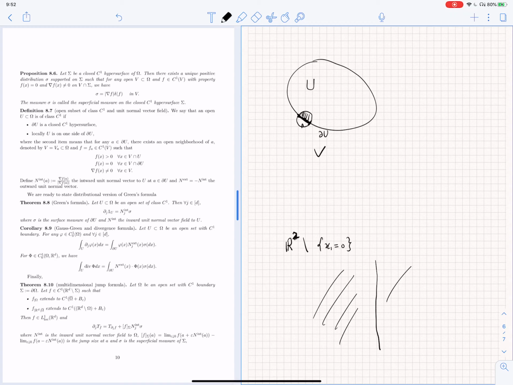So the set is given by this open set, the R2 with this vertical line removed. And if we look at the boundary of this open set, no matter how small a ball we draw, we don't have the property that U is on one side of the boundary, right? We actually have both sides. So this is not an open set of class C1, and this one is. The first case is.